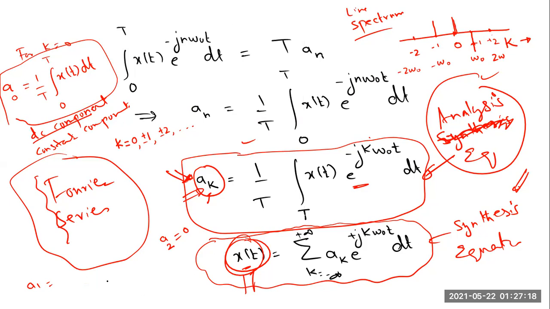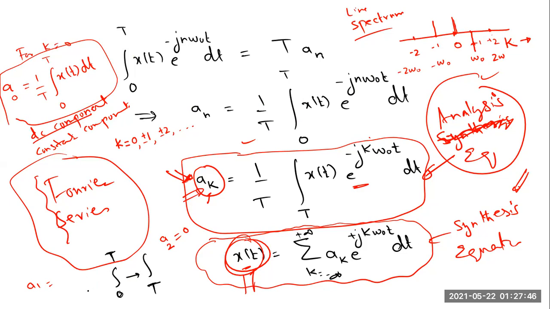What is the difference? Previously, I was saying 0 to capital T, which means I am explicitly saying that you should start from time 0 up to capital T. But now when I replace this by this representation, I am saying you can integrate over any interval, but that interval must be equal to one period. So this is over one period.